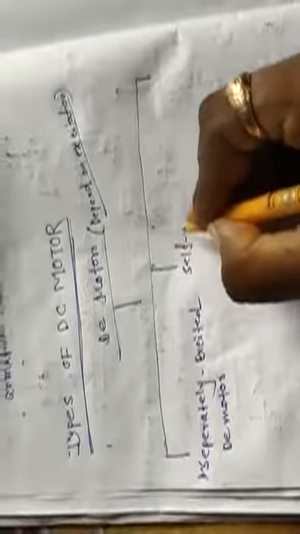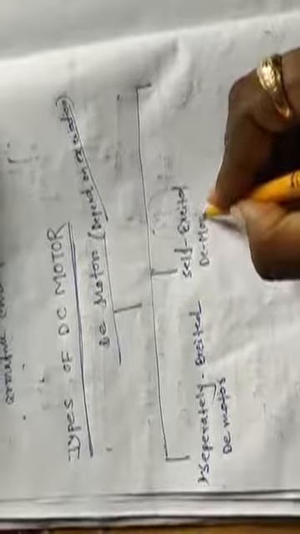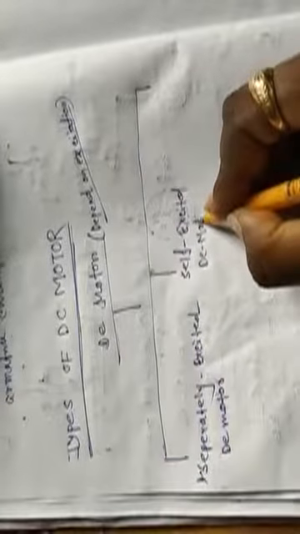Another is self-excited DC motor. Another is permanent magnet DC motor. These are the three types of DC motor depending on excitation.